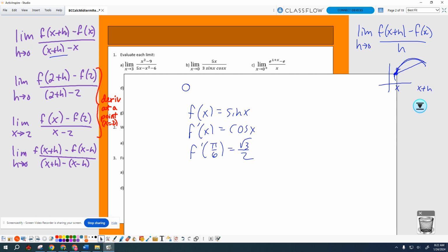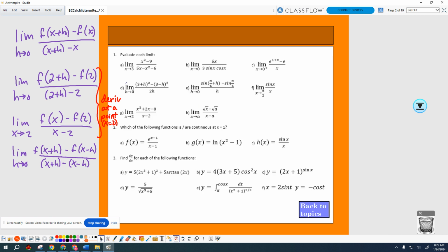And eventually, in chapter 8, I will teach you guys L'Hopital's rule. Do any of you know L'Hopital's yet? What conditions do you have to meet to be able to use L'Hopital's? I forgot.